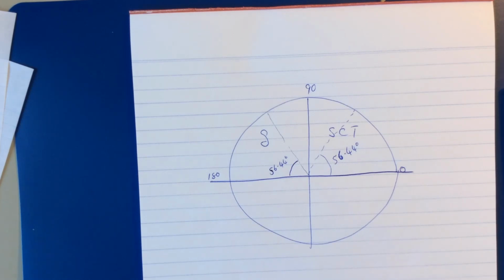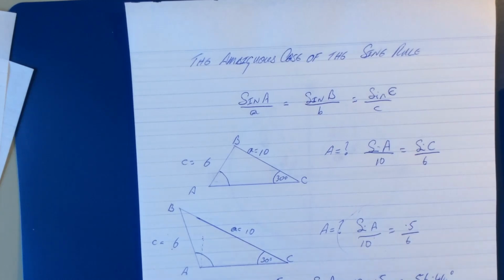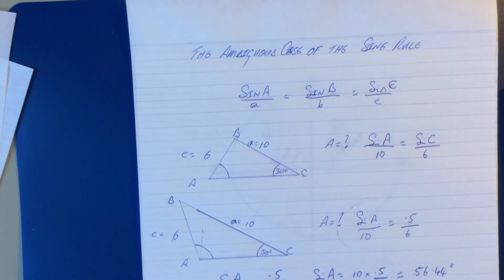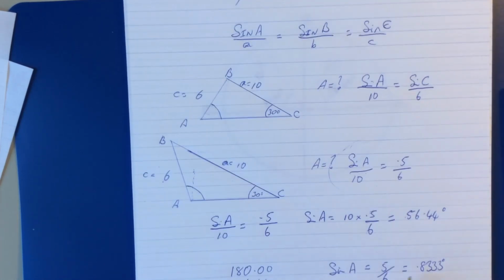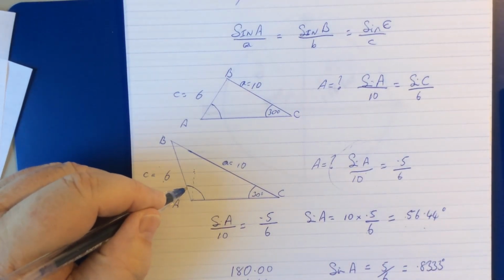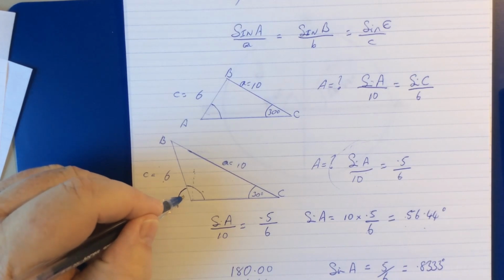Now this is just something that you have to watch out for. It's called the ambiguous case of the sine rule, and it's very easy to spot, because if you get a triangle that looks like this and you do your calculations and you come back with an answer that says 56.44 degrees, what you have struck is the case of an ambiguous sine rule, and what you have found is not this angle but this angle in here.